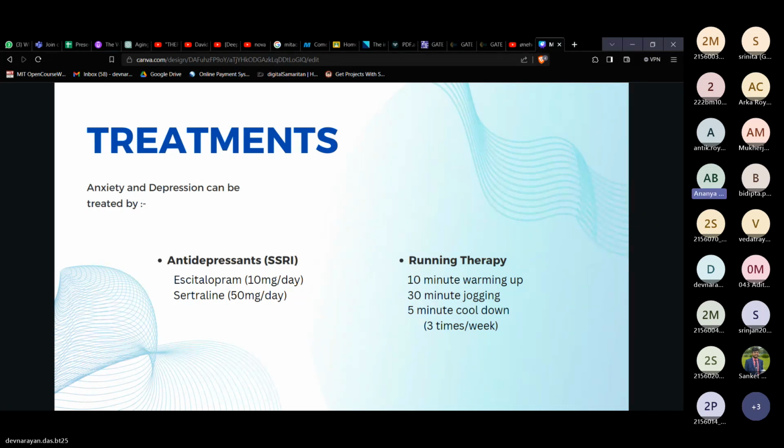Also, that line, anxiety and depression can be treated by, can be in one line instead of just 'treated by' in the second line. These are very minute things. Also, for the last presentation as well as this one, try to keep equal borders on every slide, because then it appeals to the eye of the beholder.